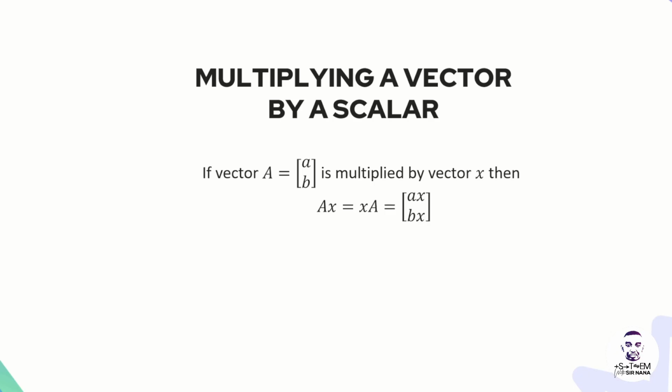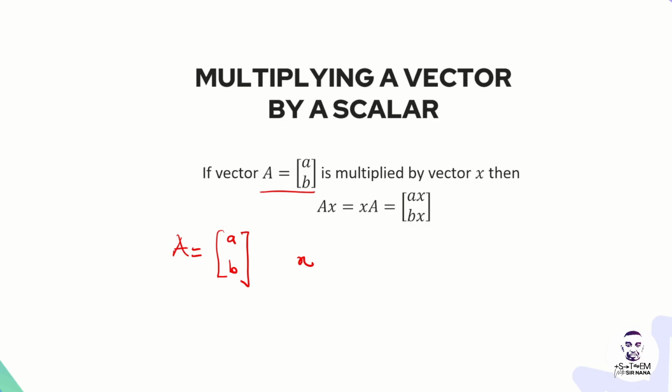Basically, when we are asked to multiply a vector by a scale factor, let's assume that we have our vector A, as has been indicated here, and A has coordinates with the x part as a and the y part as b, right? And then we are multiplying it by the factor x.